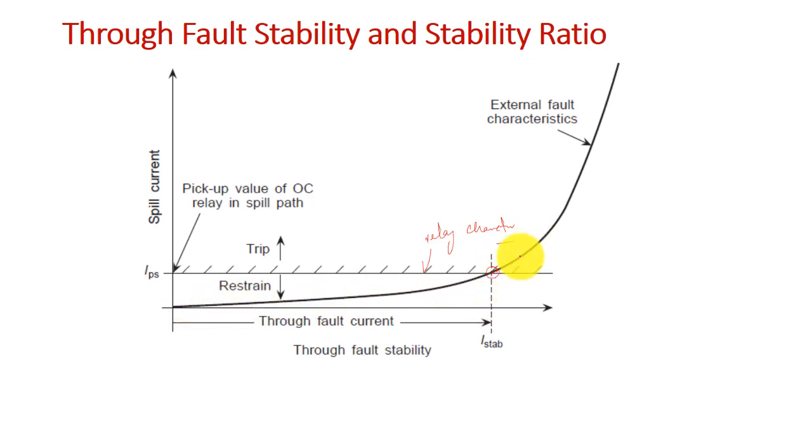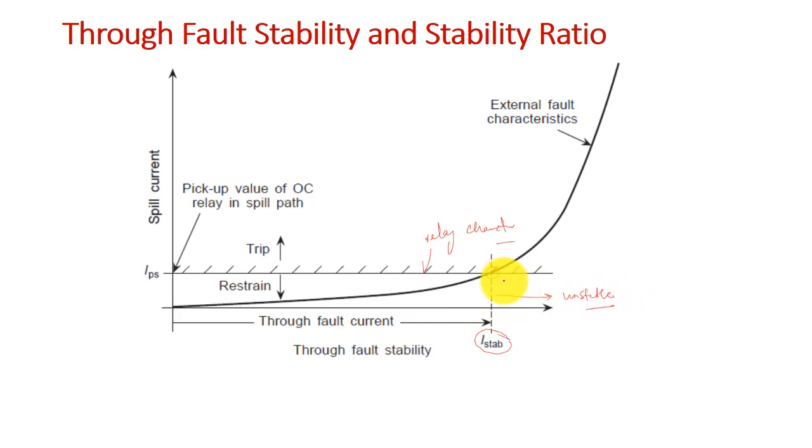Beyond this point, as soon as the through fault current becomes greater than I stab, your differential scheme becomes unstable, right? So this is your stable region and this is your unstable region, right?